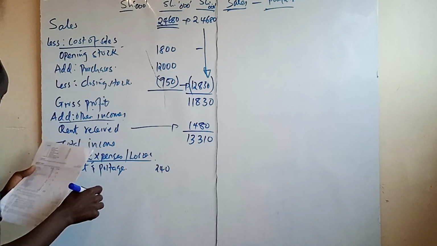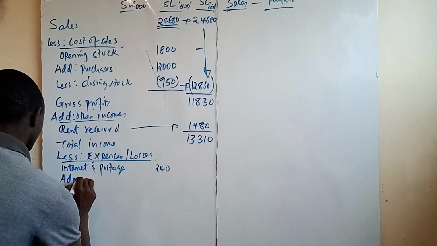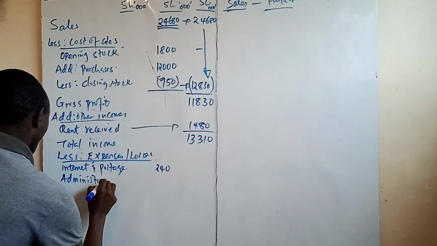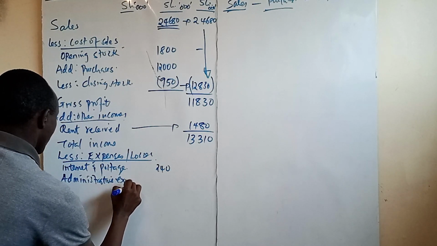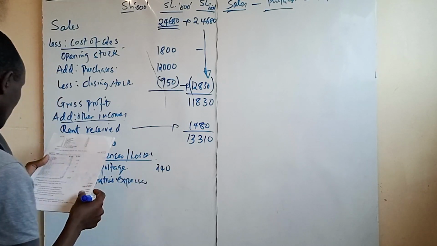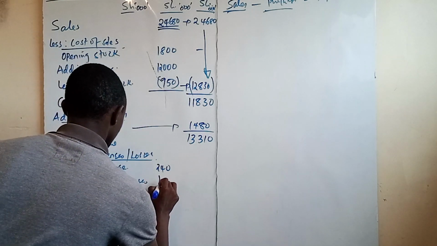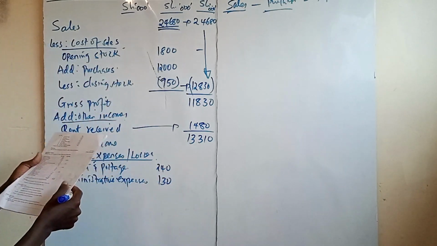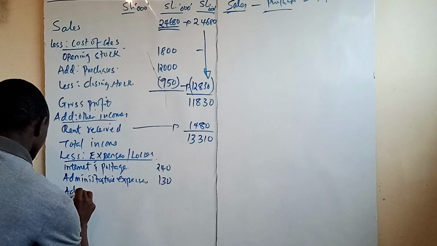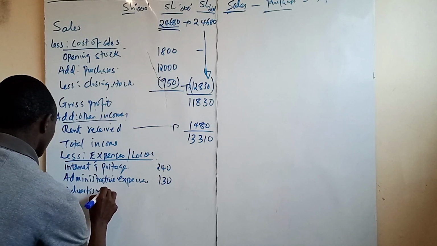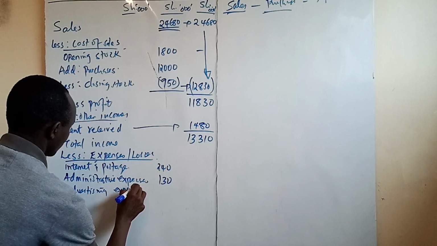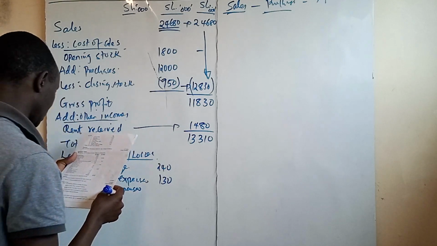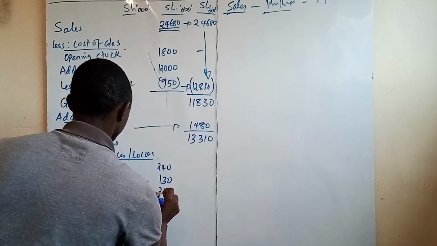And then you have administrative expenses of 130. Then you have advertising expenses of 210.